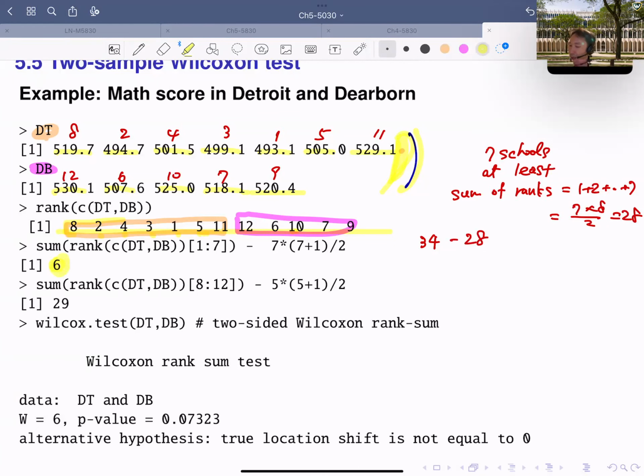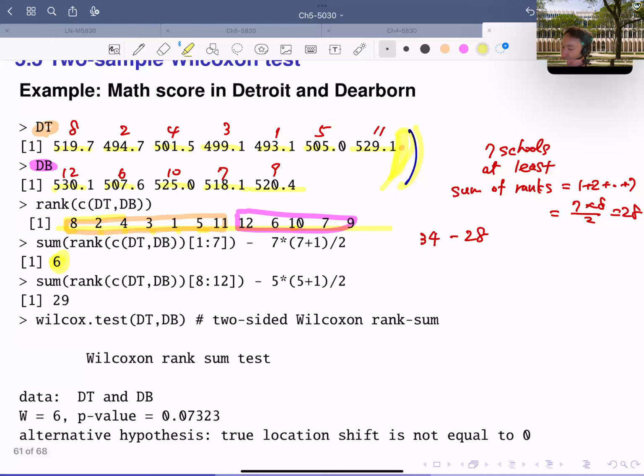That is our important information. And we do the same for the Dearborn schools. For Dearborn, we have these 5 observations, and the rank sum totals 44, I think. But for 5 schools, at the least we have 1 plus 2 plus 3 plus 4 plus 5, so this is 15.